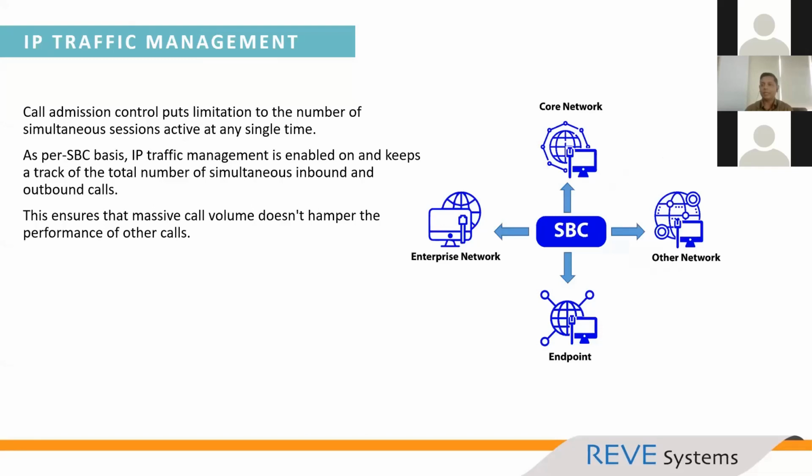It might happen that from some of your sources, high call volume or a high threat comes in an unintentional way, like in a CC call, where suddenly the requests increase and from a single source a lot of call traffic attempts your system very frequently. So for IP traffic management, you are making your system robust so that this massive call volume does not hamper the performance of the overall system.